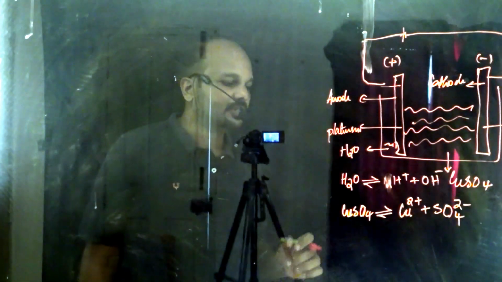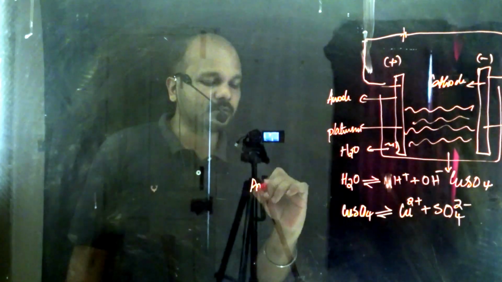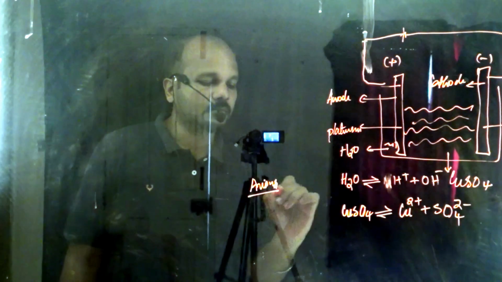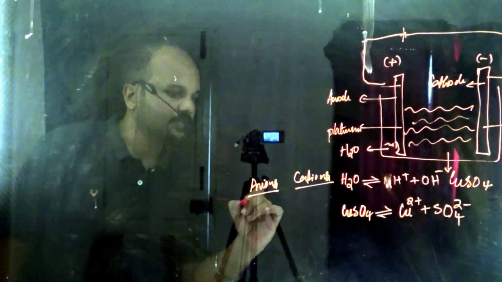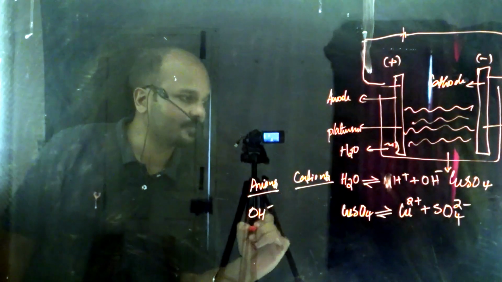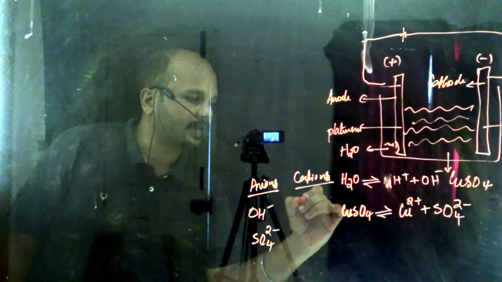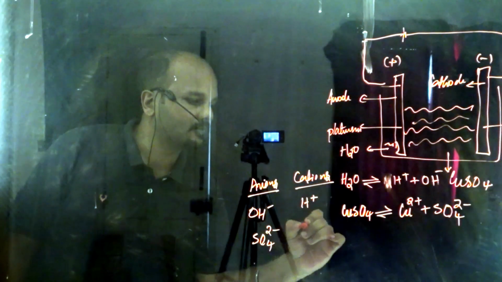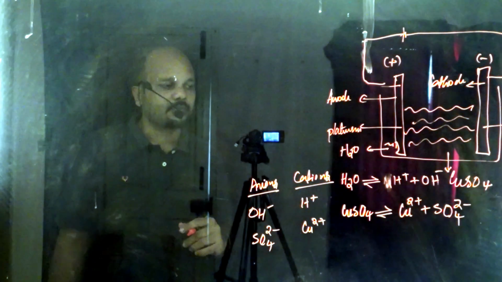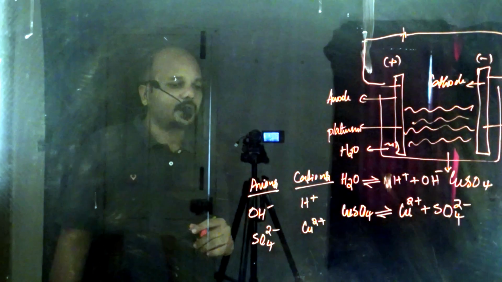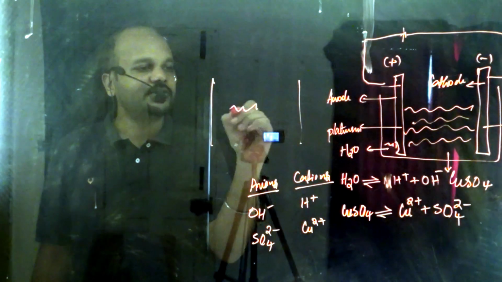So do you know what the anions are? The anions are OH minus and SO4 2 minus, and the cations are H plus and Cu2 plus. If you check the container, the anions will go to the anode.